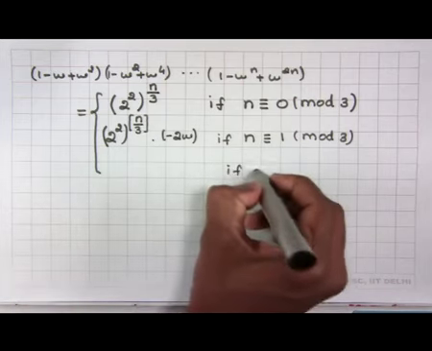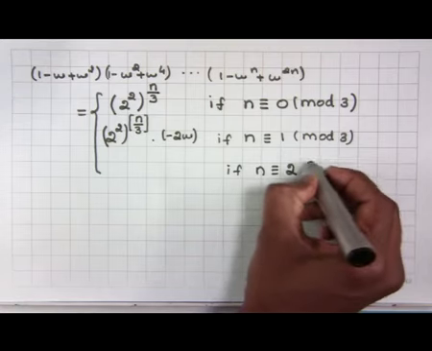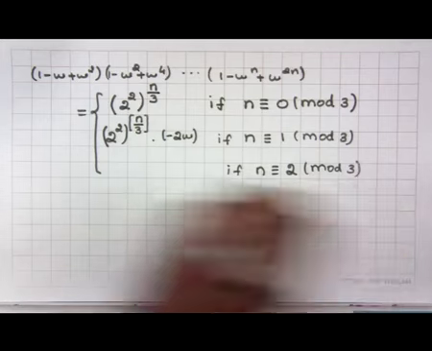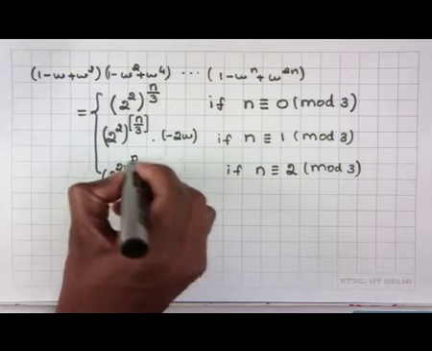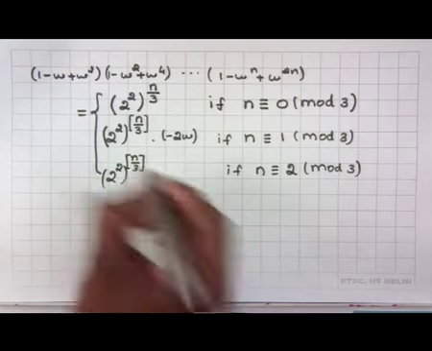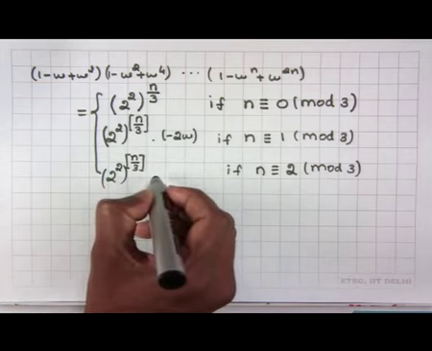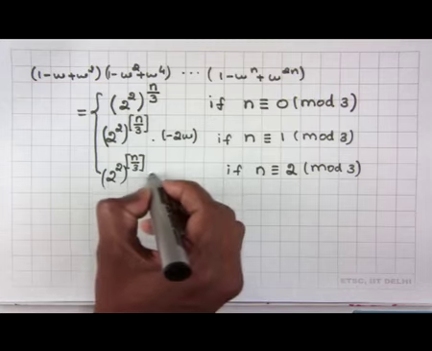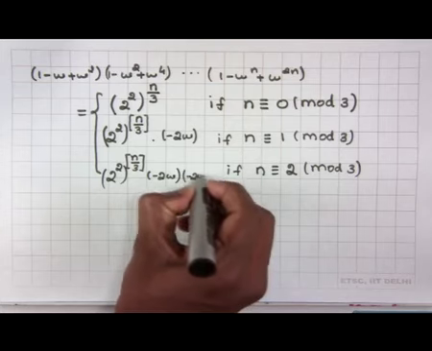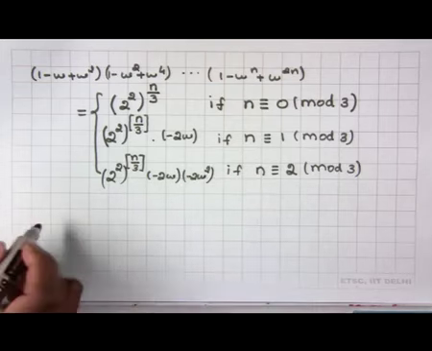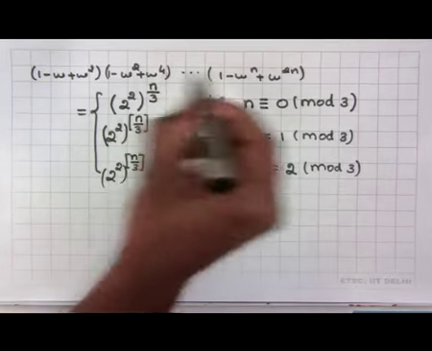And if n is, say, 3k plus 2, then with a similar argument we get 2 square power the quotient of n by 3, multiplied with minus 2 omega and minus 2 omega square. So, now simplifying this expression, we get the value for the product.